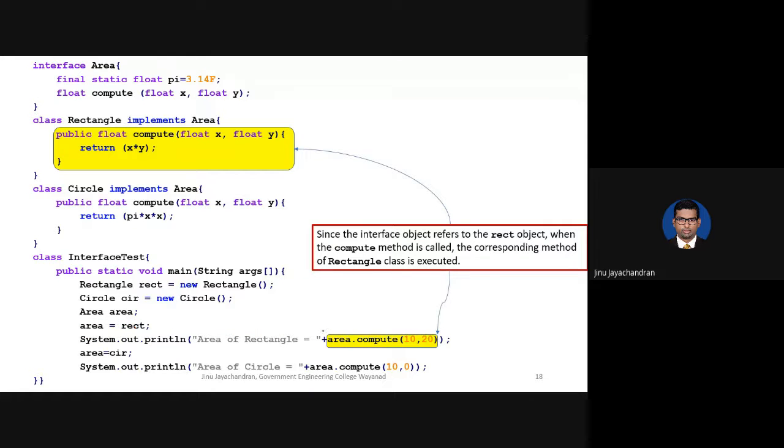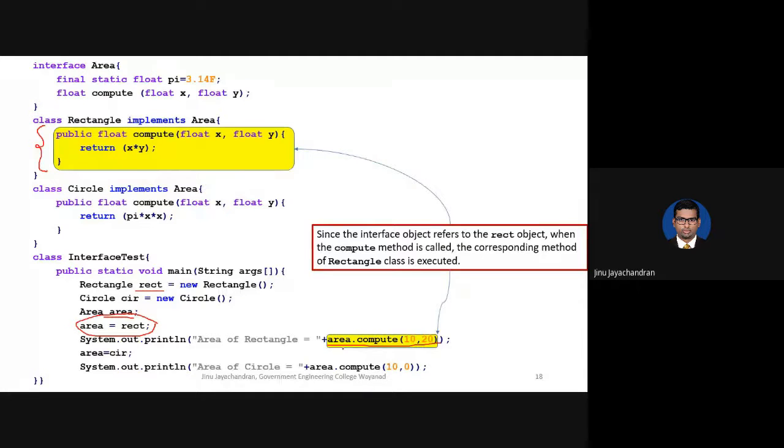So when you call area dot compute with the parameters, it is going to call the method of the rectangle class, because in the previous step you have assigned the object of the rectangle to the interface area.